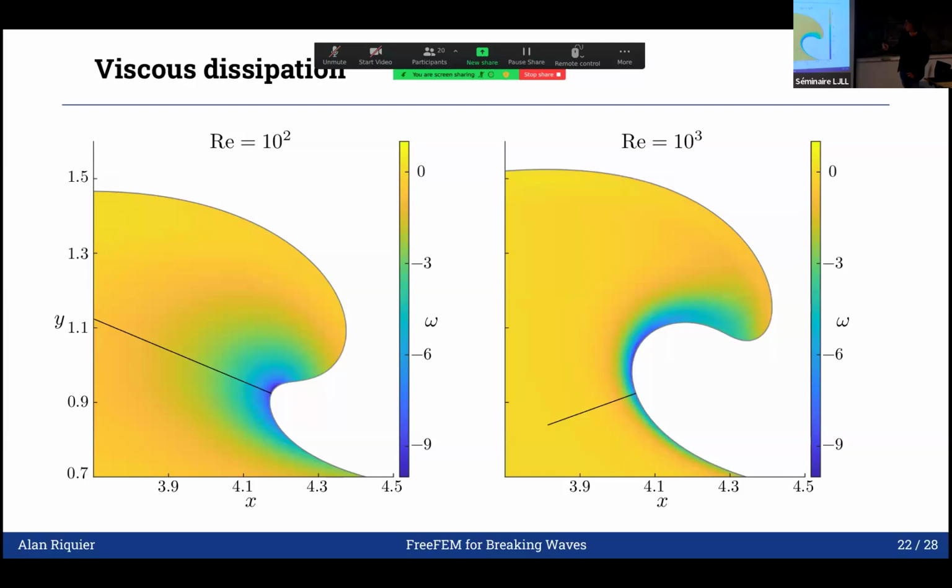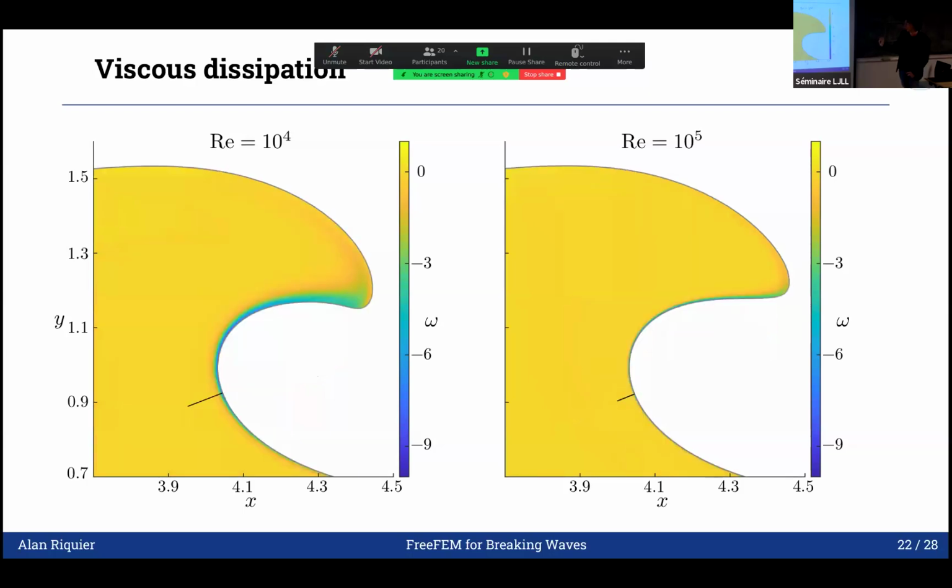But what we see is that the boundary layer decreases as the square root of the inverse Reynolds number as the Reynolds number is increased, which is very typical in the theory of boundary layers. So this was the first time someone noticed this boundary layer, and we investigated it in a thorough manner. At Reynolds equals 10 to the power 6, the boundary layer cannot be seen anymore, but it is present. It's only spread across one triangle.